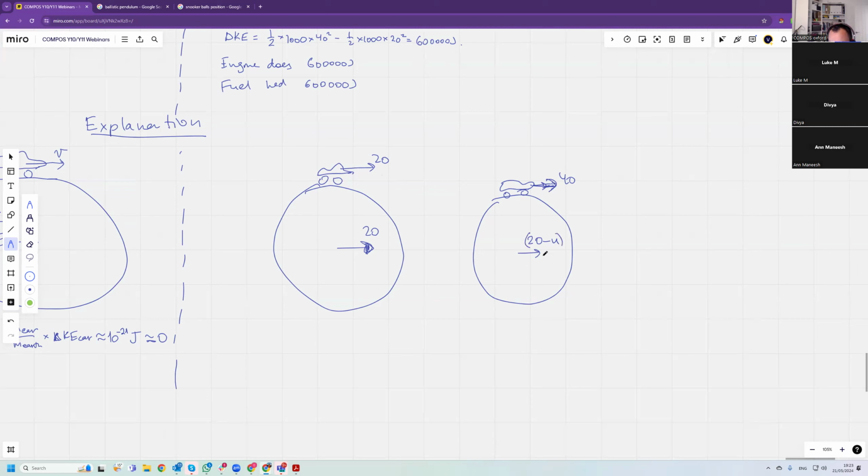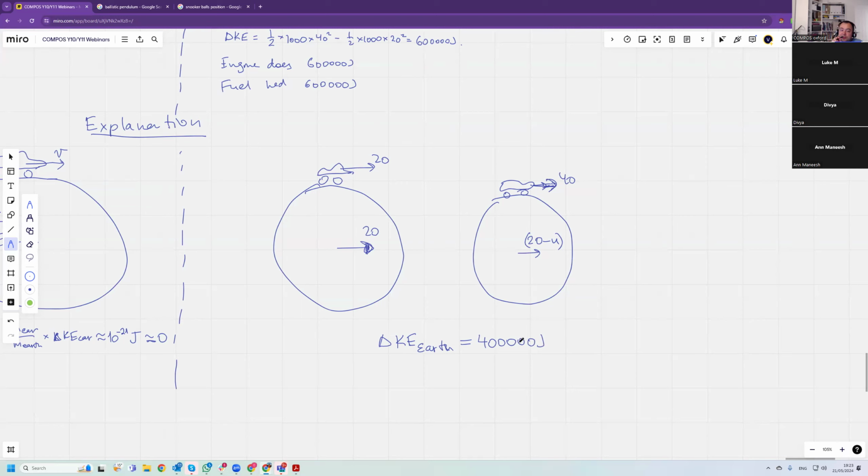And because there's a change in kinetic energy, the change in kinetic energy of the Earth, this change in speed is very small, but because the Earth is so massive, the change in kinetic energy is not minuscule. It's actually 400,000 joules in your frame of reference.